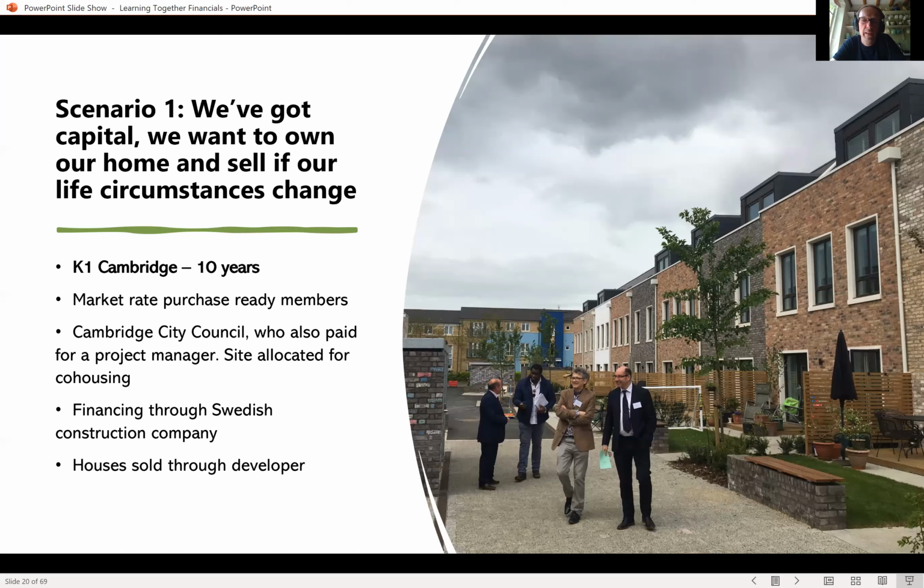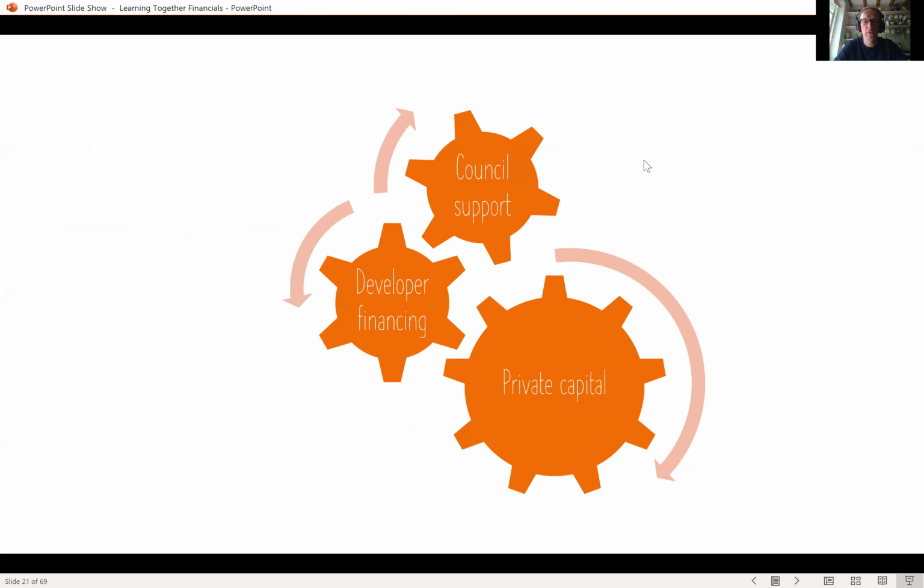And there's advantages and disadvantages of that in terms of the community. There's less control as a community group about who moves in, but there's ease for people who do want this model to be able to sell if they have to for whatever life circumstances come up. And this is a co-housing project, so they also built a community house as part of the project, and all the members who live there work in different groups, and it's very much a community-led housing project, but working within the private model.